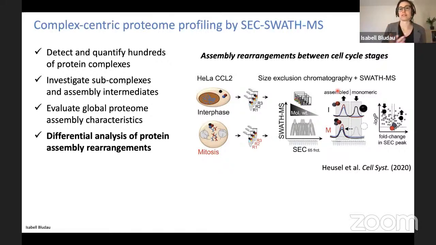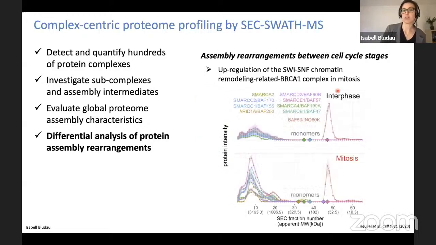So while this is, of course, fairly nice to get insights into proteins in a single state, the question is if we can also look at protein complexes across different conditions. And my former colleague, Moritz Heusel, actually published a very nice study last year where he looked at protein complex rearrangements between HeLa cells in interphase and mitosis. So here I'm just showing a simple example of the chromatin remodeling related BRCA1 complex.